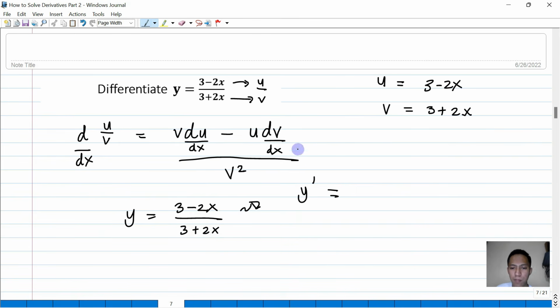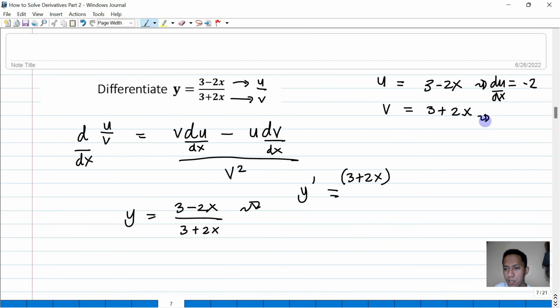Denominator natin guys is 3 plus 2x. Okay? Then we have here differentiate the numerator with respect to x. So that is just, so derivative of u. Okay, ito guys, derivative of u is negative 2 lang siya, negative 2. So recalling, if you have a coefficient and a variable, yung derivative niya is yung coefficient lang or yung number lang.